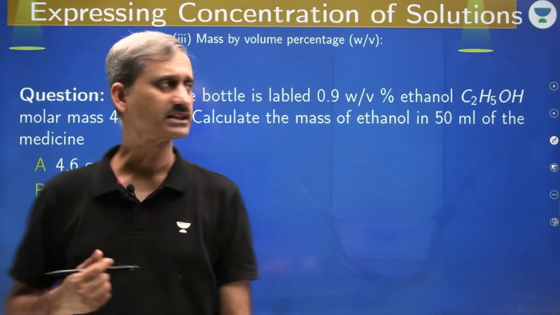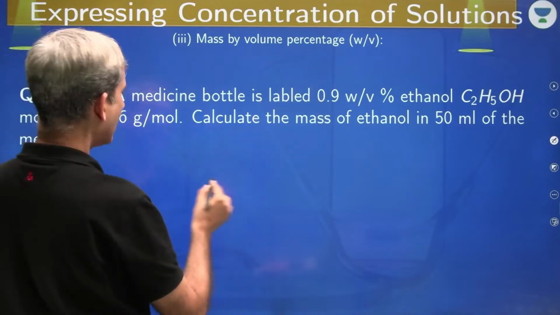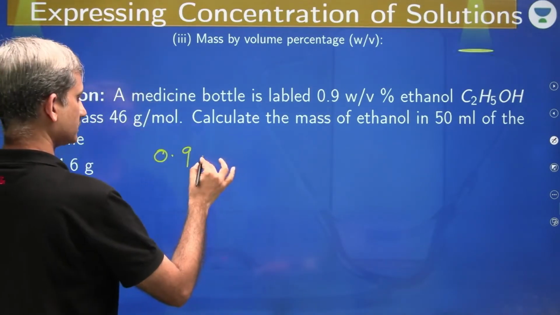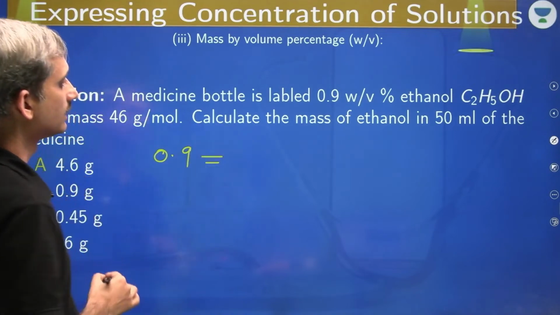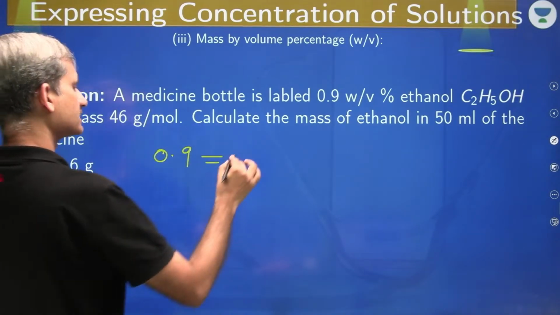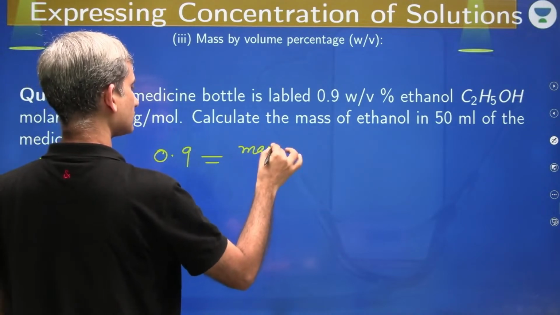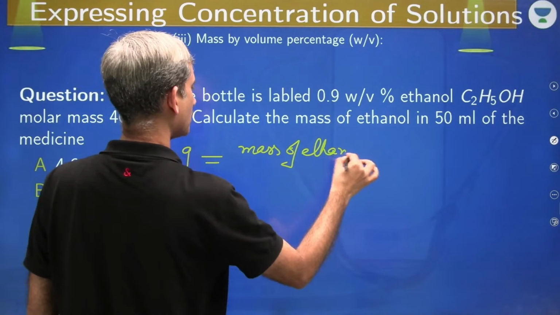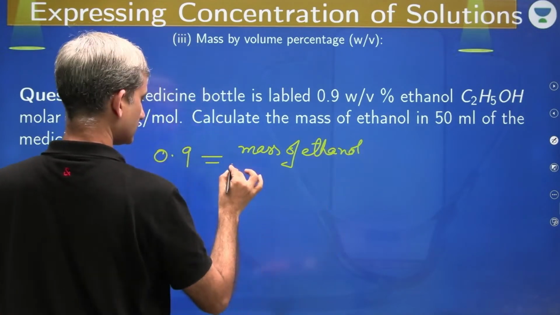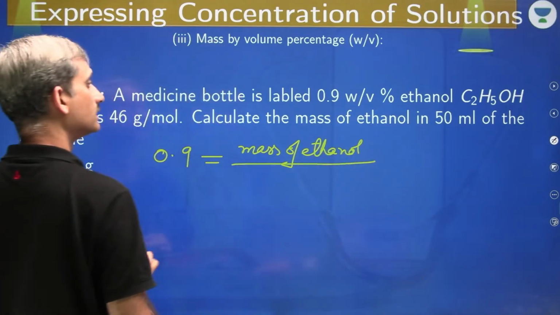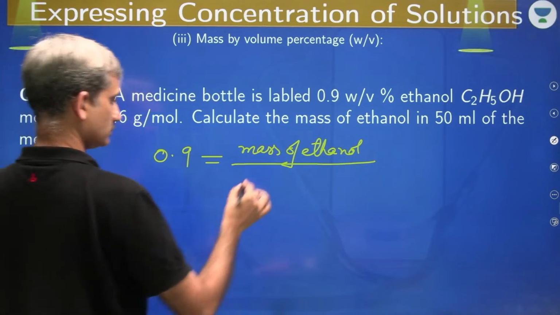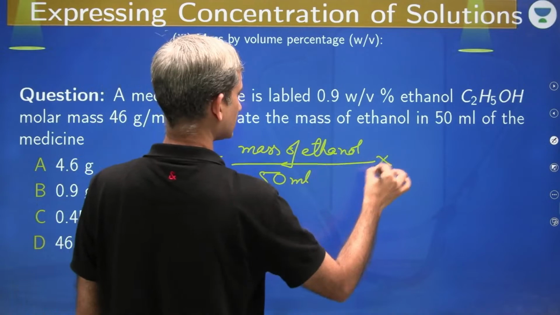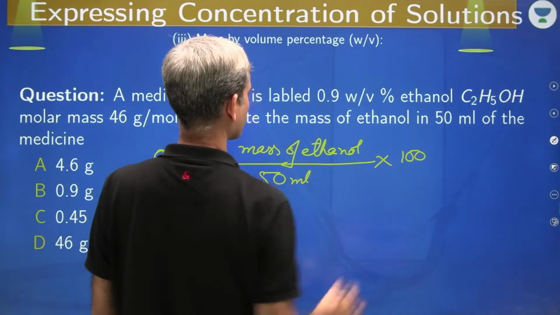The solution is quite simple. We have 0.9 as the weight by volume percent. And we have to find the mass of ethanol divided by the volume of the solution, that is 50 milliliter, multiplied by 100.